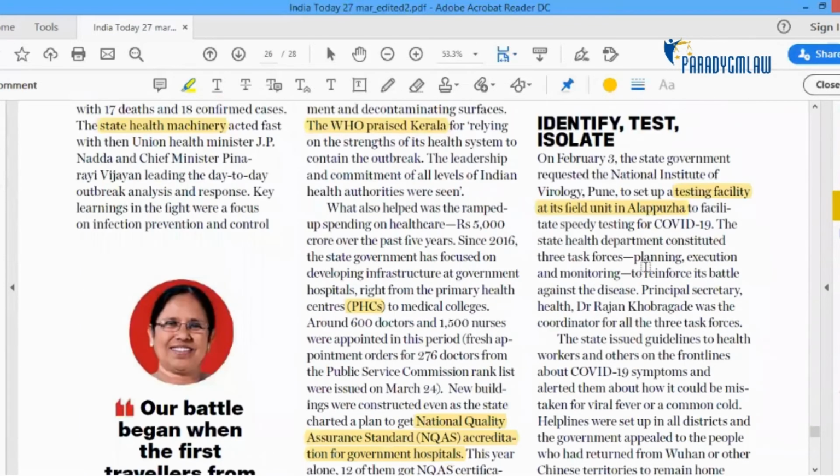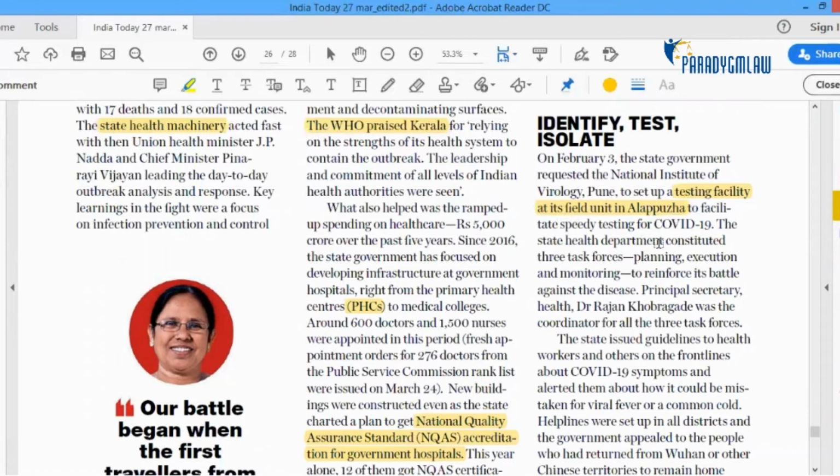Now we come to an important point in this article, which is regarding the testing facility unit in Alappuzha district in Kerala. So as of now, the National Institute of Virology, Pune, tests all the samples sent.